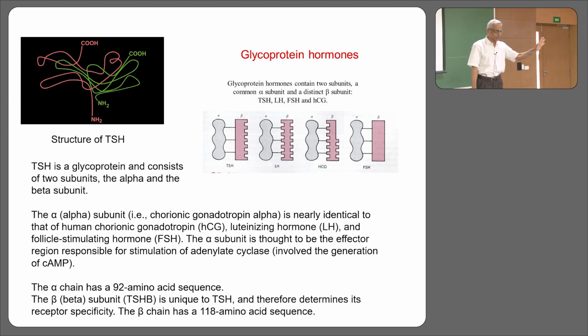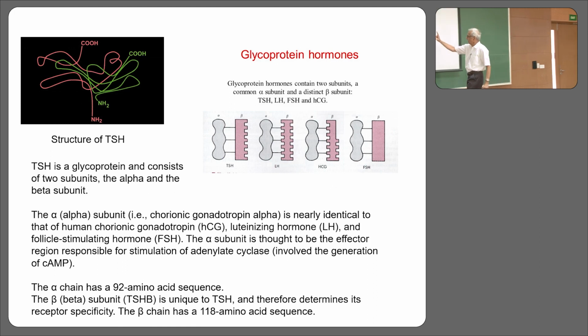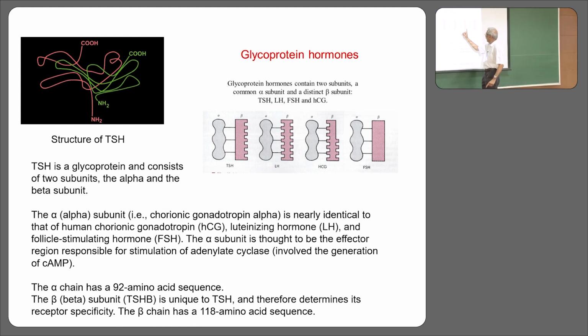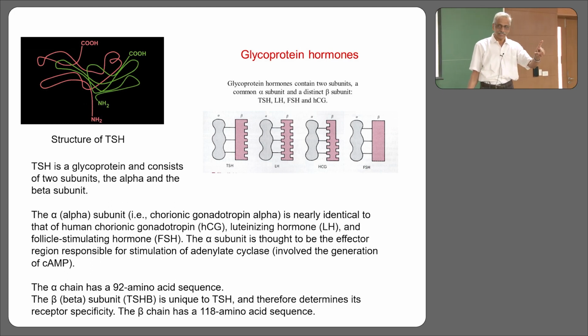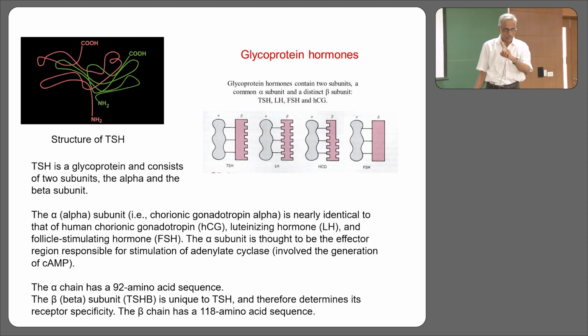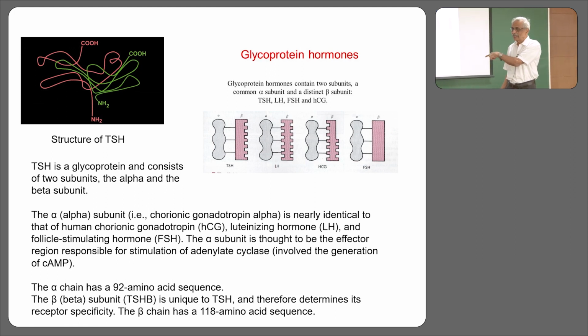Now, I am going to make a very interesting point. Look at the coding there in the image. Across all the 4 hormones, the alpha chain is the same. What is different is what? Beta chain. Are you with me? So, for the specific activity, what is really important is the beta chain.